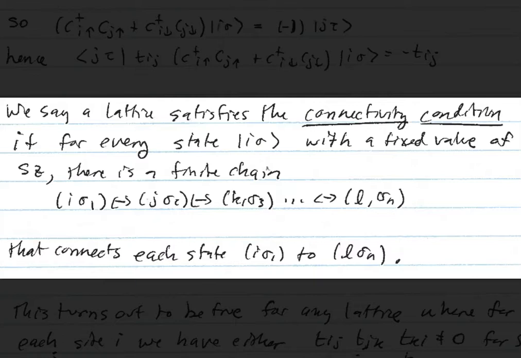Then we would say that the states Iσ_1 and Lσ_n are connected. Another way of saying this is if there is any way to hop and fill the hole at site I with the hole at site J while converting the spin indices from σ_1 to σ_n via just doing hopping, then we say that those two states are connected.